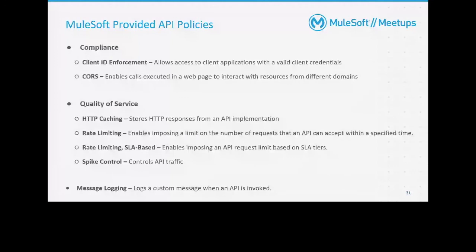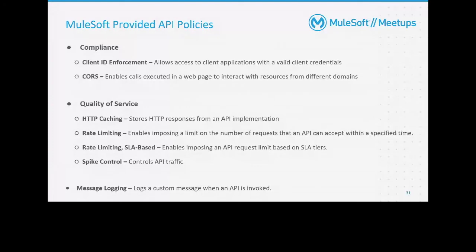So there's a couple of them in the compliance area. Client ID enforcement is a compliance policy. Then you have CORS, which enables calls executed in a web page to interact with resources from different domains.